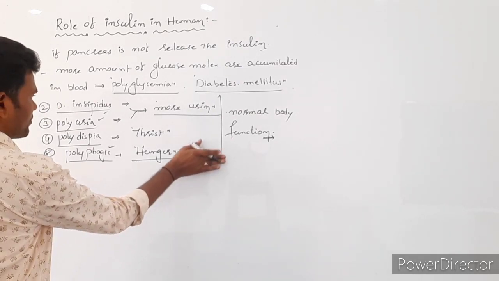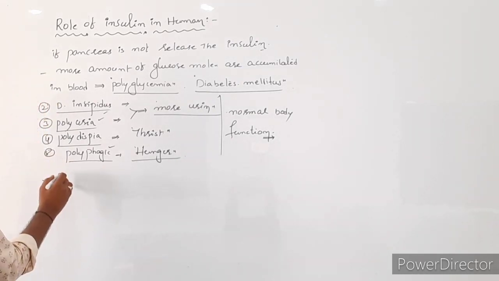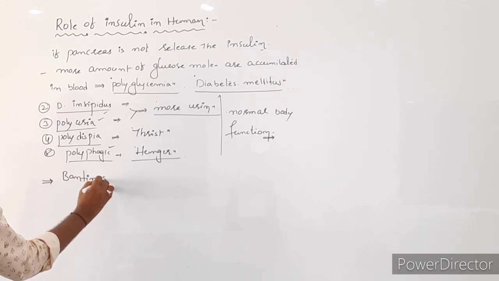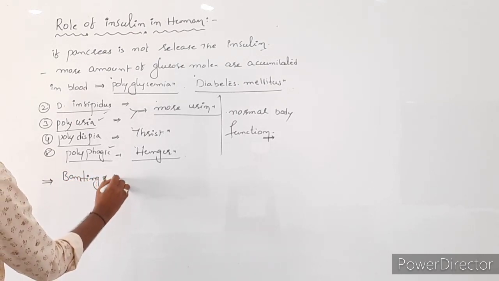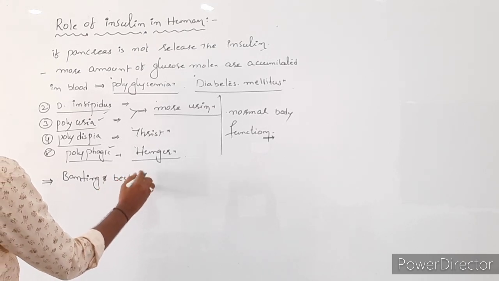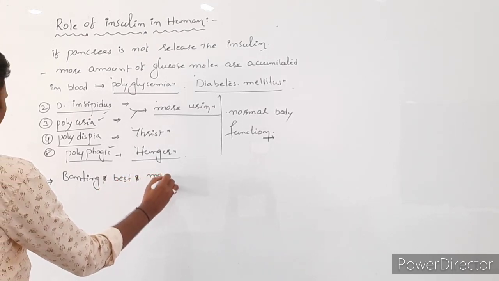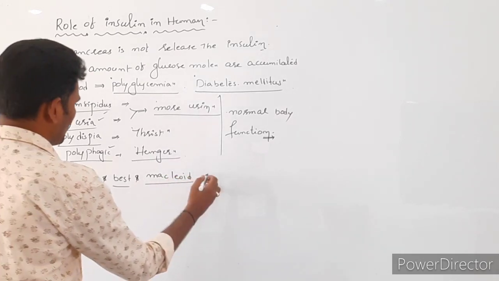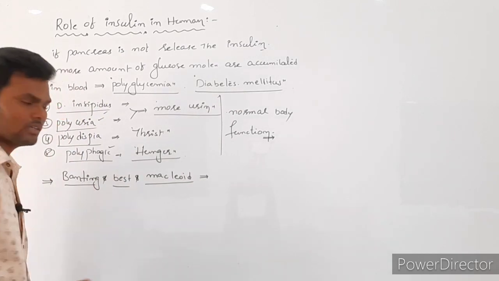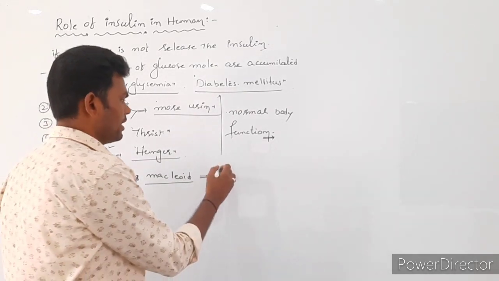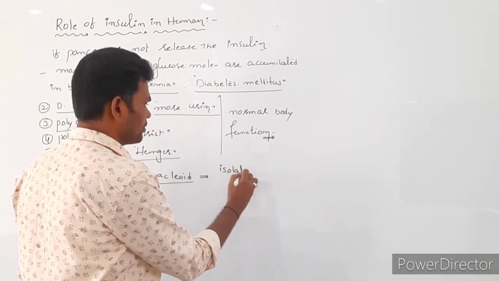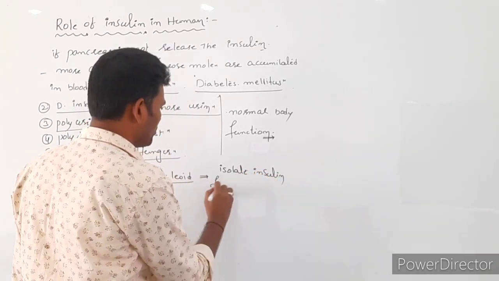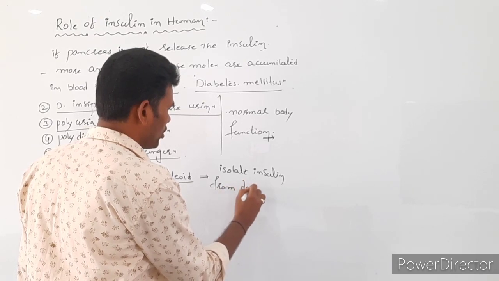First, Banting, Best, and also MacLeod. So these three scientists first isolated the insulin from dog pancreas.